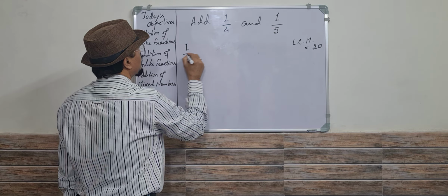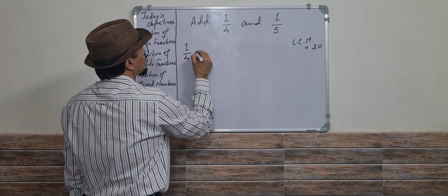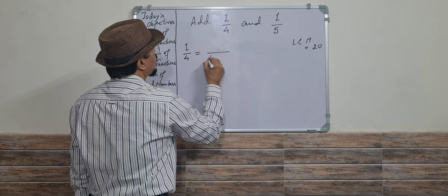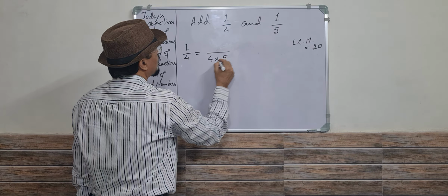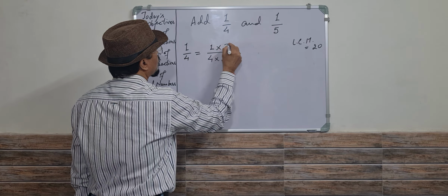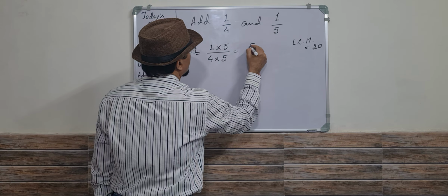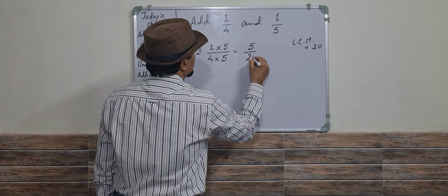So 1 upon 4 is equal to, 4 multiplied by 5, so I'll multiply 1 also with 5 and I'll get 5 by 20.